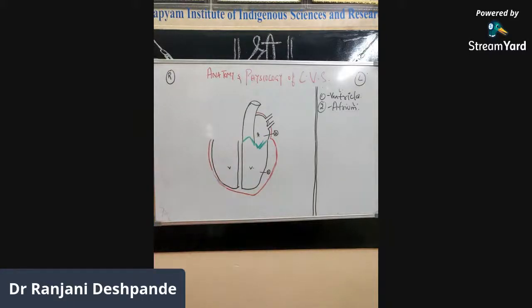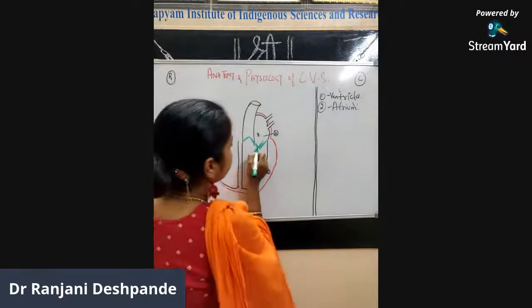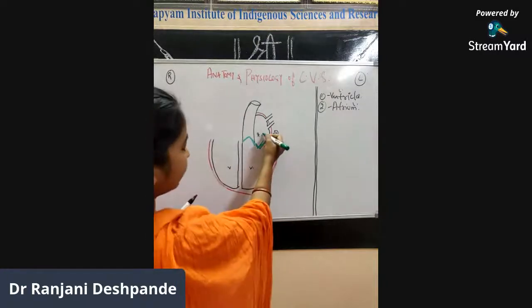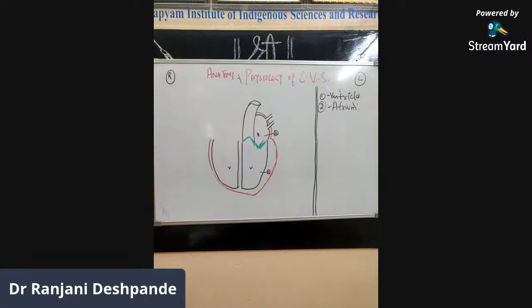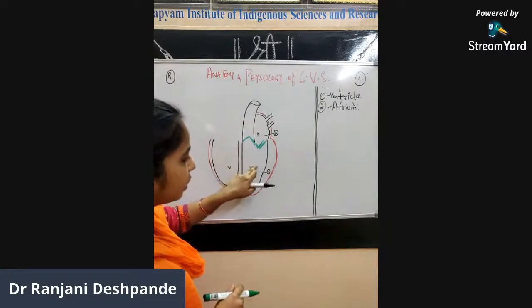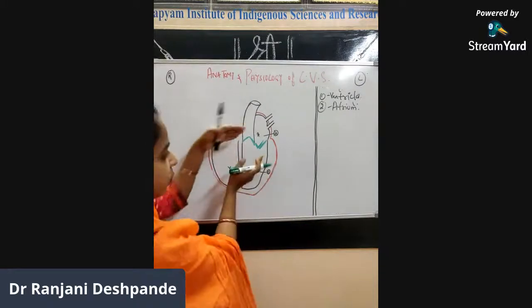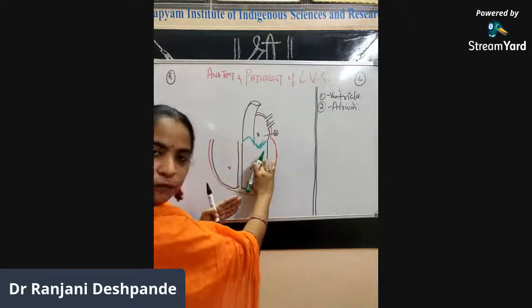Now we have seen that we have drawn a valve, right? There is a valve here between the atrium and the ventricle. This valve is called the atrioventricular valve because it is between the atrium and the ventricle.